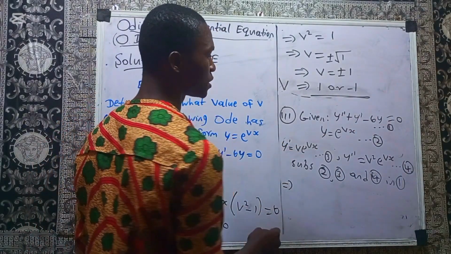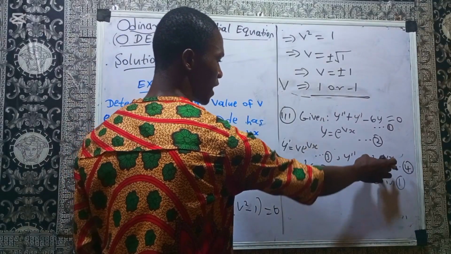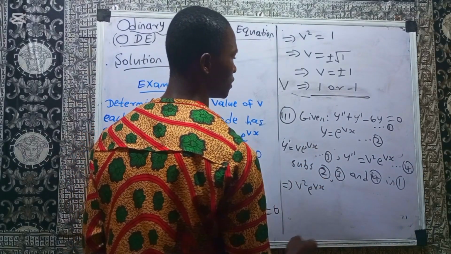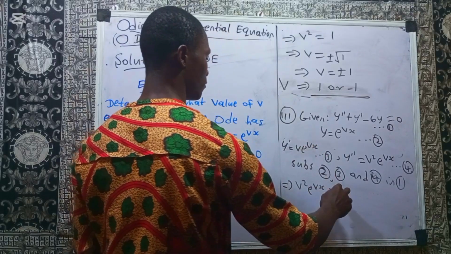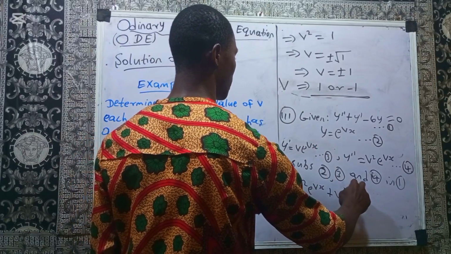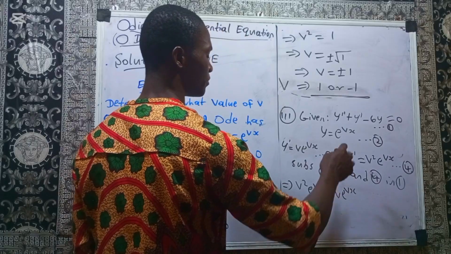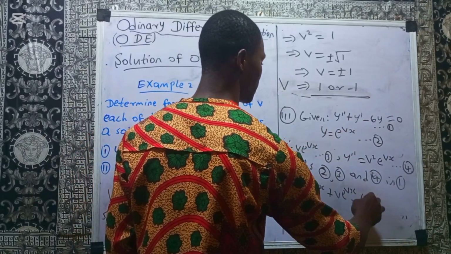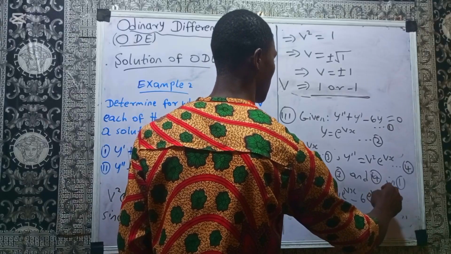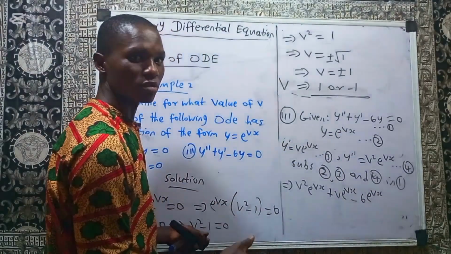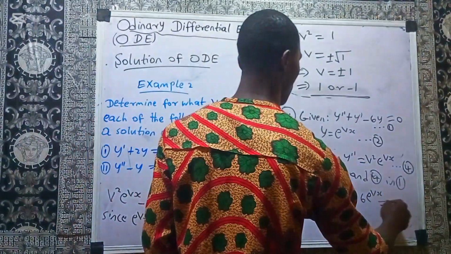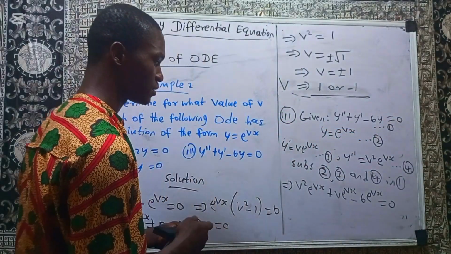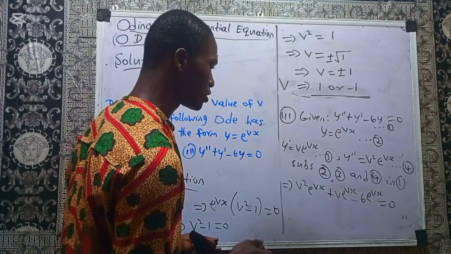So this implies y prime prime is v squared exponential vx, then plus y prime, which is v exponential vx, then y is exponential vx, so we have negative 6 exponential vx. And this is a solution of the ODE, so it equals 0.